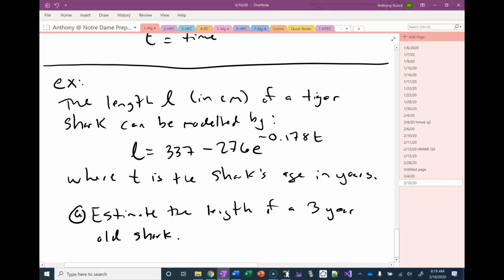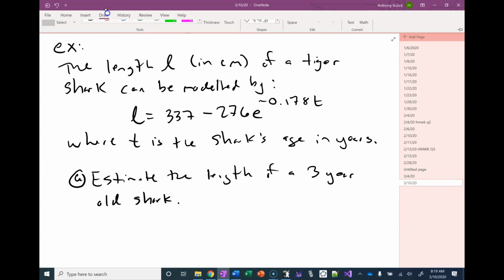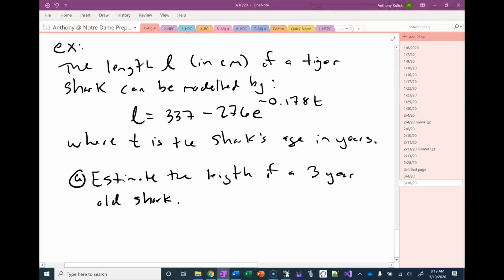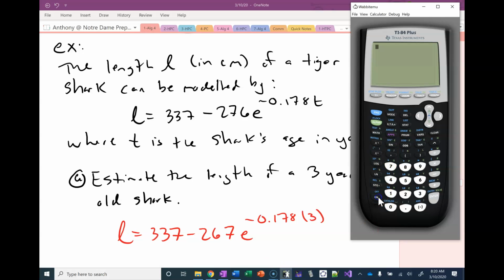So if we ask you to estimate the length of a 3-year-old shark, what do we want to do there? Yeah, we're just going to plug 3 in for t. Put the 3 in. And just like pi, our calculator has e built into it.